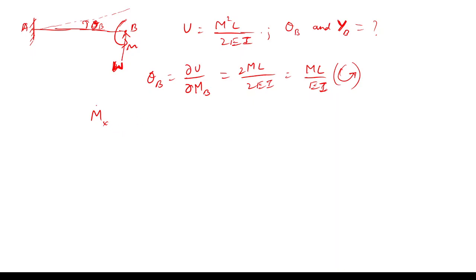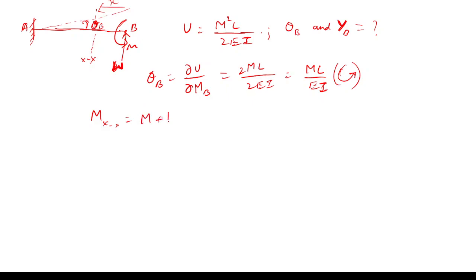So if I take the section XX, what will be the bending moment equation at section XX? Let's say this is X. Not only due to the dummy load, but due to the dummy load as well as the moment.